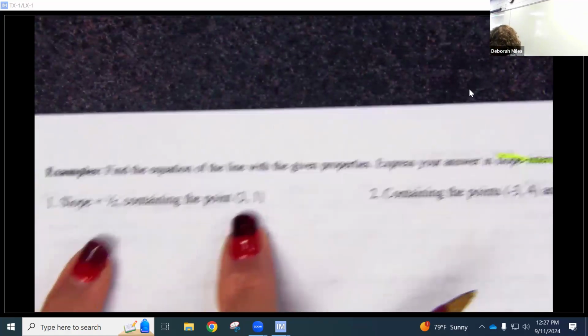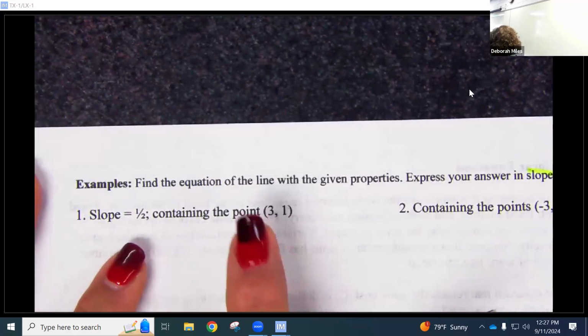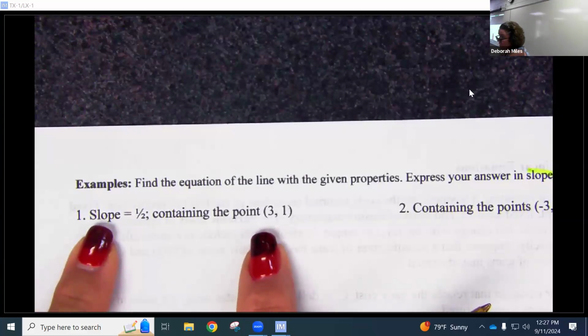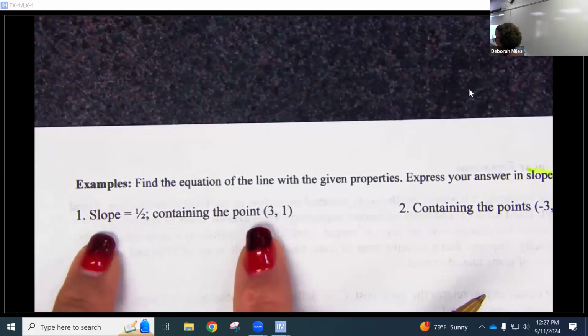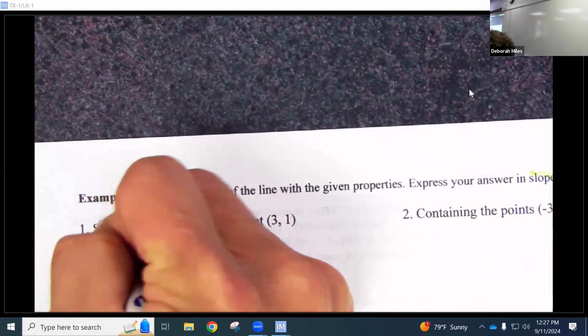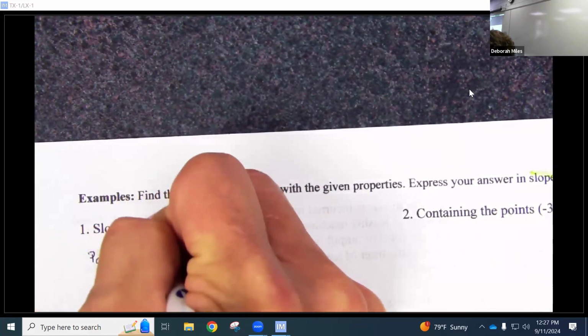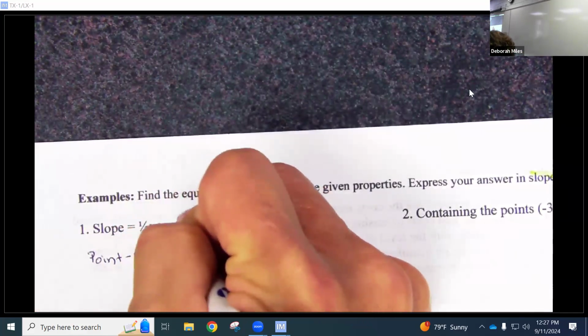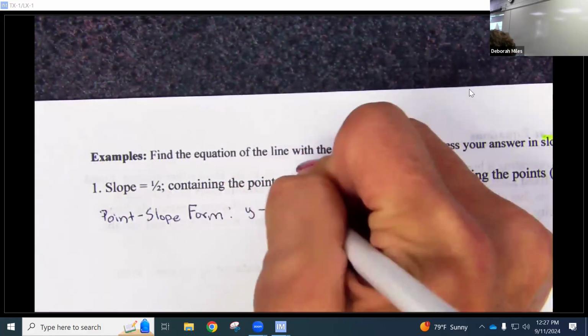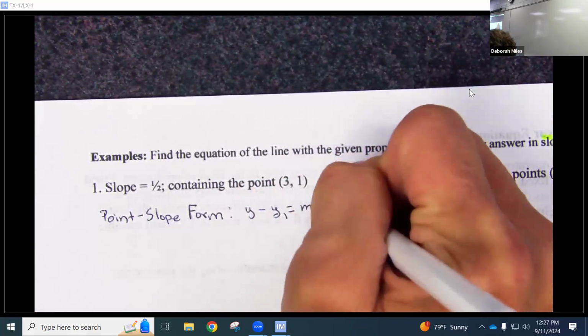All right, number one, I'm given two things. I'm given a point and I'm given a slope. What form of an equation am I going to use when I'm given a point and a slope? Point slope form. That's why it's named point slope form. So to help me get it memorized in case I don't have it memorized already, I'm going to write down the words and the formula on every problem until I'm sure I have it memorized.